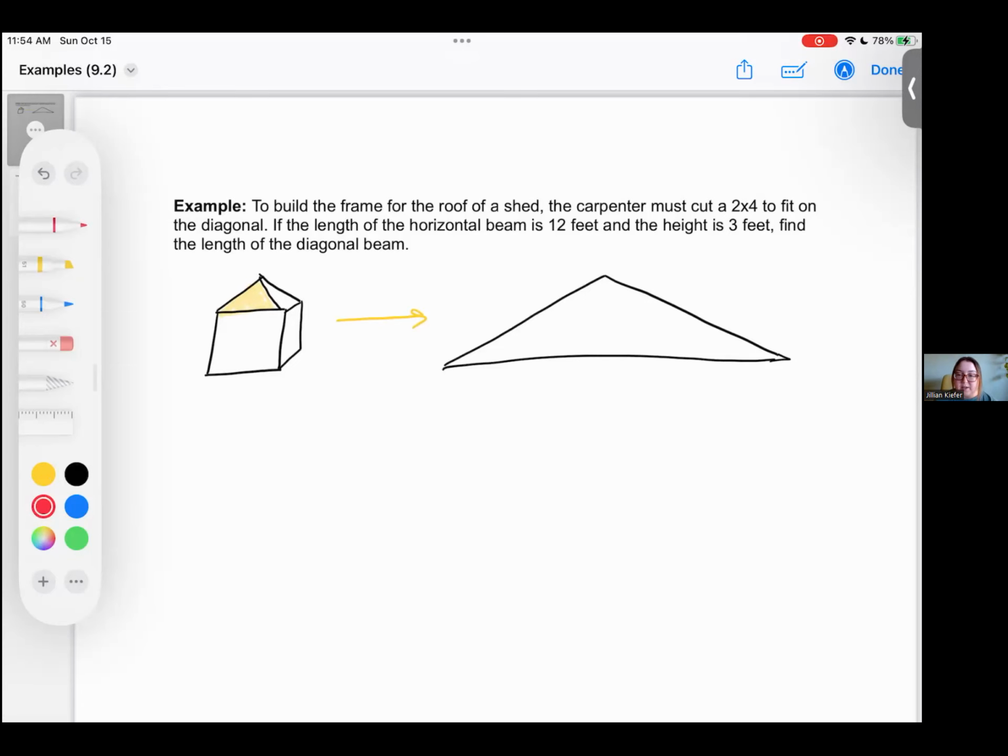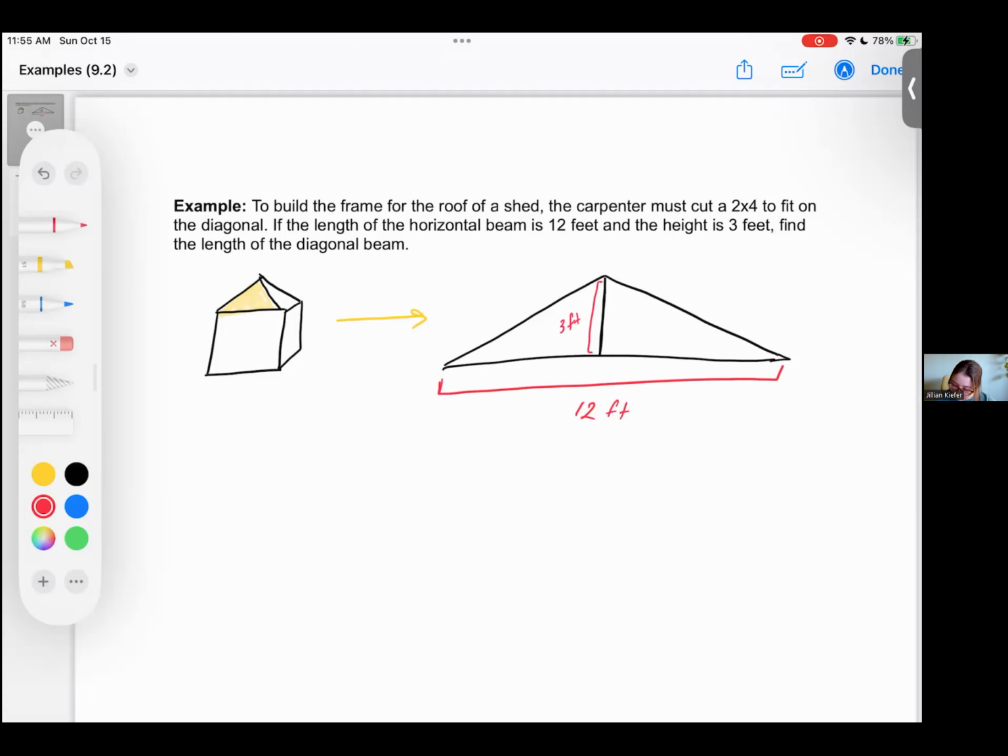We're told that the horizontal beam that goes across is 12 feet. Then we're told that there is a vertical beam that goes right through the center as well. So there's a beam here. And this beam is 3 feet.